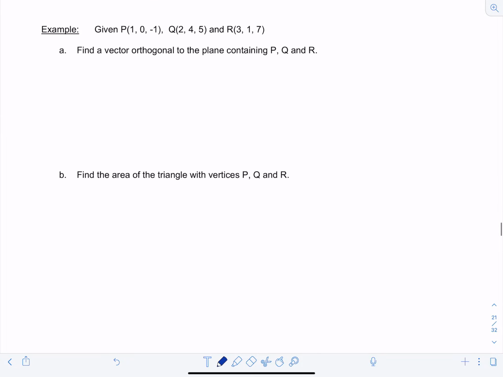One last example here. Given points, these are points, not vectors, P, Q, and R, find a vector orthogonal to the plane containing P, Q, and R. Okay, so imagine it this way again. So we have a plane.